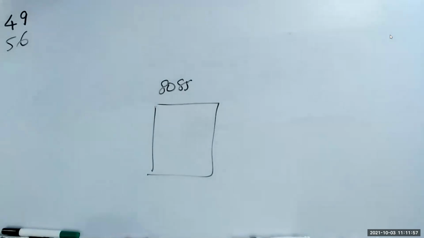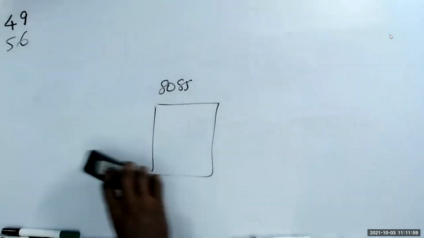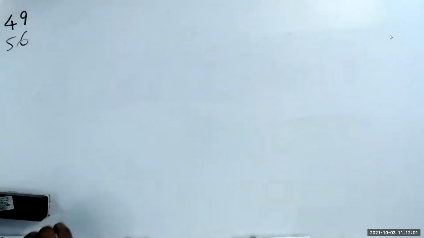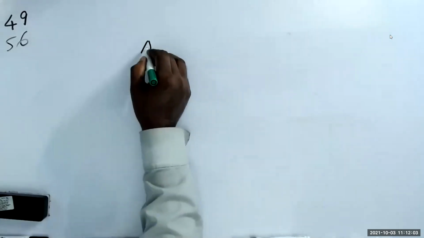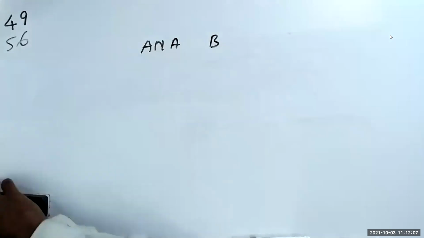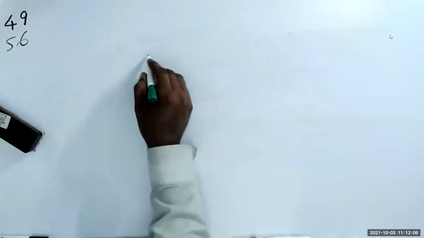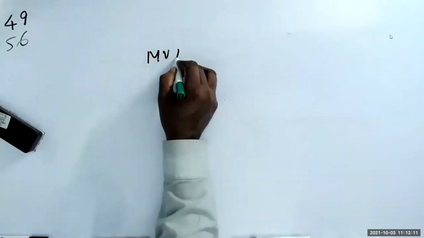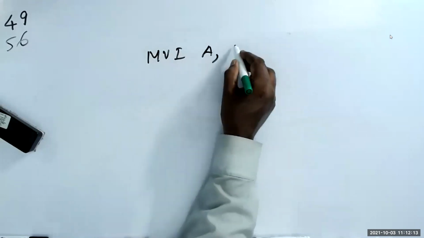So, like that, there is one more instruction, we have discussed about AND. If you do AND A, B, let us take a small example. Move immediate A, 79H.